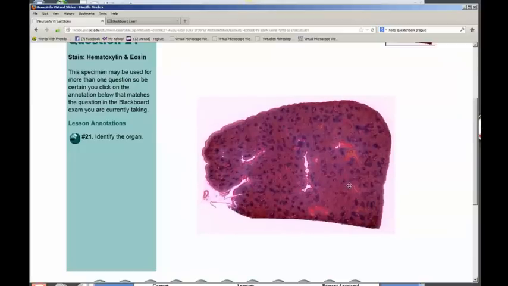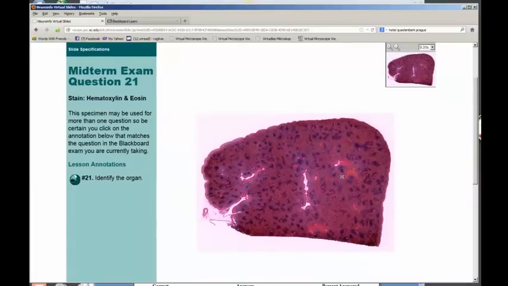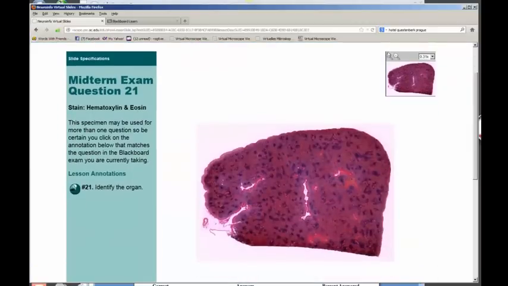Immediately, with my experience, I know it's a spleen. I see cortex and medulla, and a pattern of blue round structures, which reminds me of the lymphatic nodules in the spleen, which, by the way, are called splenic nodules. But we'll need to magnify this to be sure.